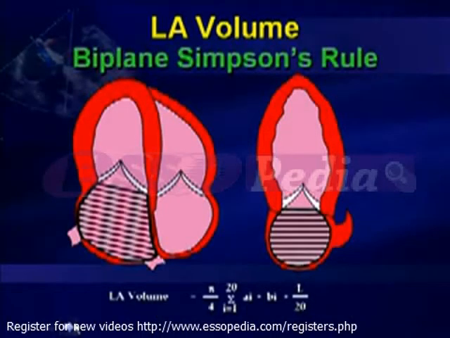Now, as mentioned in the Guidelines and Standards document from the ASE, one may also use the biplane Simpson's method to calculate LA volume. The principle here is that the total LA volume is calculated from the sum of the volume of a series of stacked elliptical discs, where the cross-sectional area of each disc is based on the diameters obtained from the two and four-chamber views.